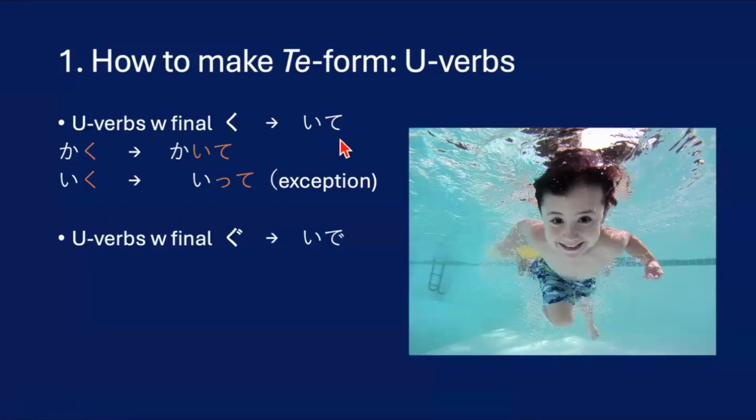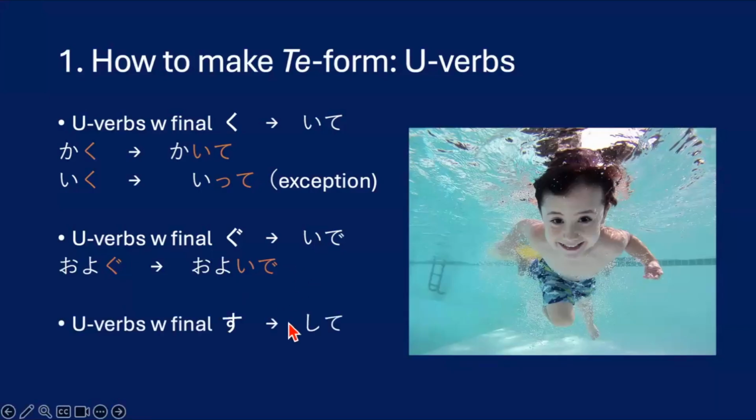And the u verb ending with gu, then it's going to be ide, ide. So you can see that ku will be ite, gu ending will be ide. So there is no tenten, and there are tentens. For example, to swim, oyogu, oyogu, then oyoide, oyoide.